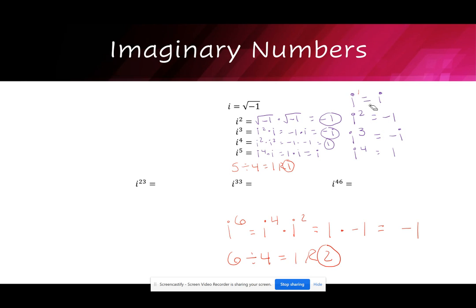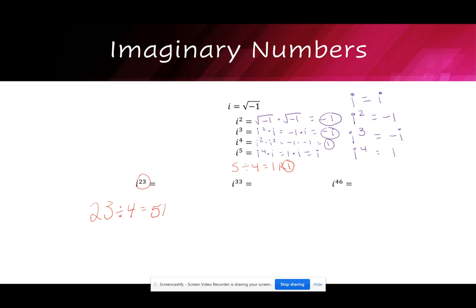So you're not going to want to multiply out like 52 i's, so we're just going to divide by 4 and determine what our remainder is. So for i to the 23rd, 23 divided by 4 gives us 5 remainder 3. 3 gives us -i. 33 divided by 4 gives us 8 with a remainder of 1. 1 means it's i.